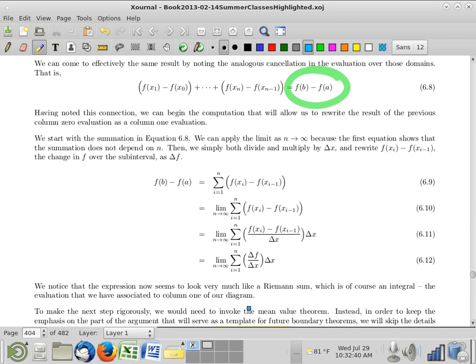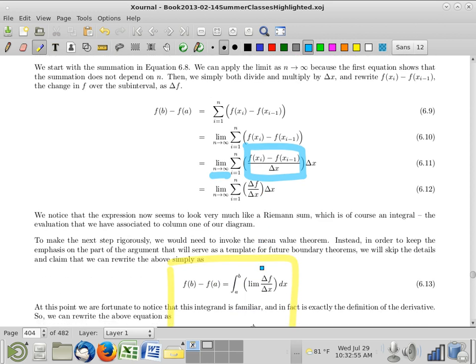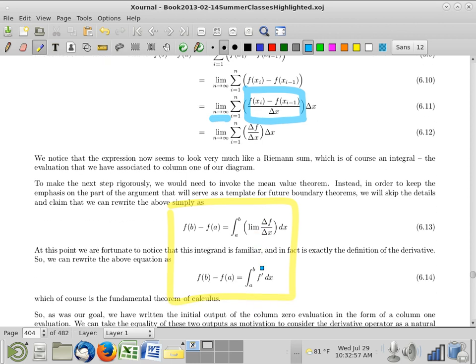And then notice, and I'm going to sweep some formality under the rug here, that in the limit as n approaches infinity, this is kind of suggestive of a derivative. It turns out that you can call that the derivative, and this is fine. So yes, I'm sweeping some rigor under the rug there.